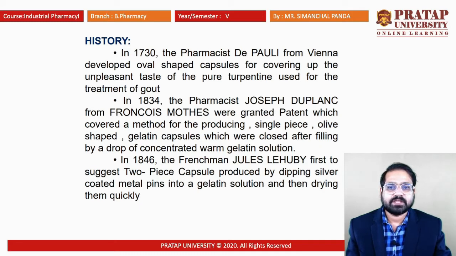That means first of all they melted the gelatin solution, and in that they kept the liquid or semi-solid and made it a pouch-like structure. They sealed it and allowed it to cool, so that the medicaments were present inside the gelatin, and that was patented in the year 1834.